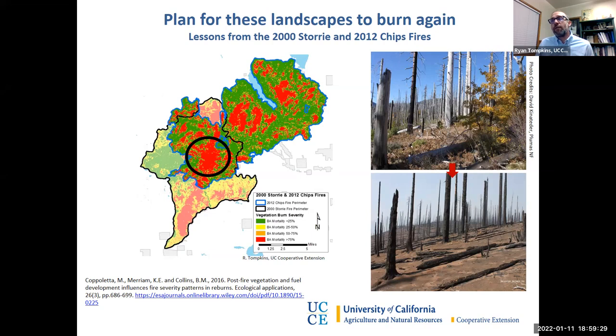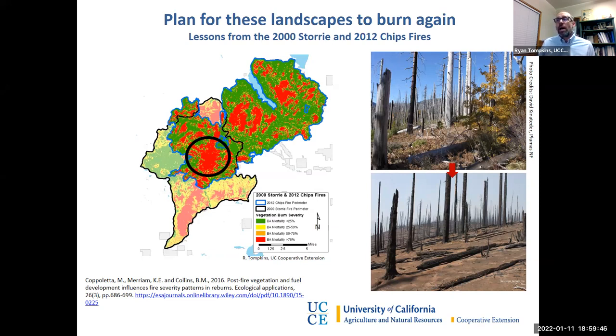And you can see in the photo pair, two photos taken from the same place, the very real world consequences that reburns can have and are having.